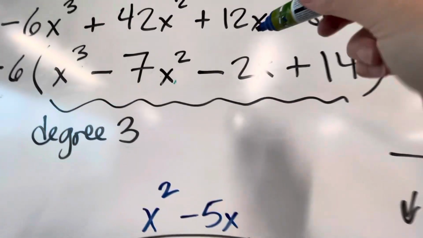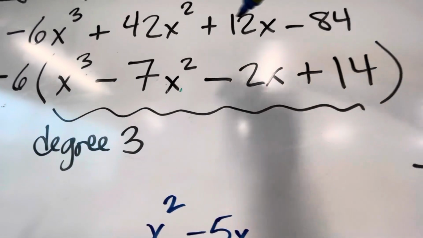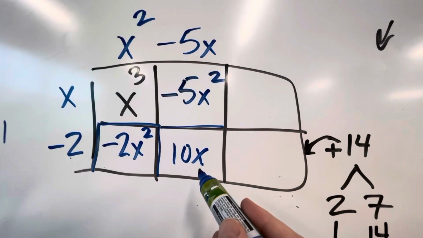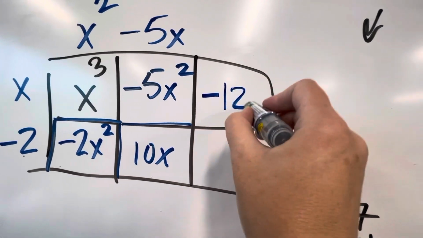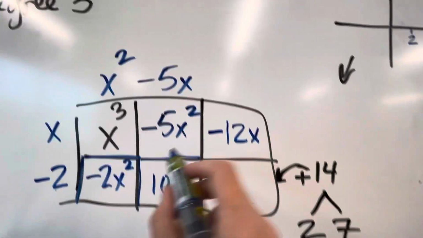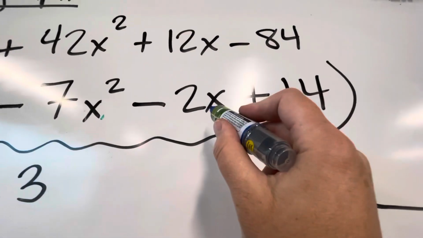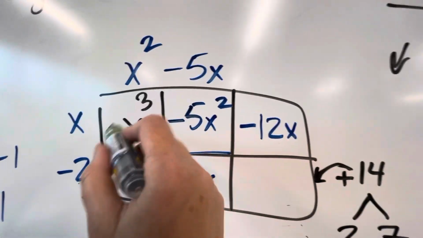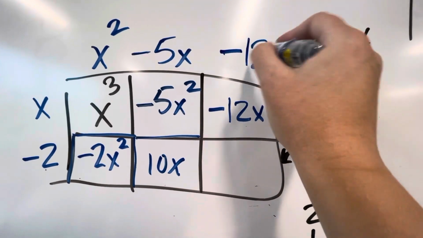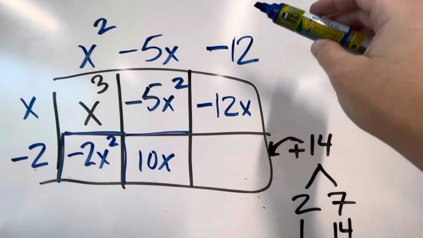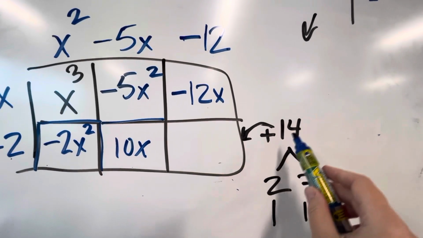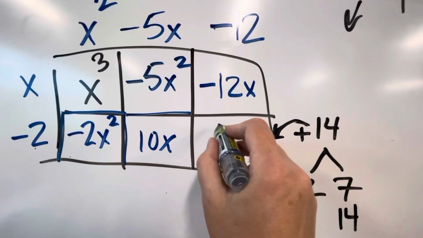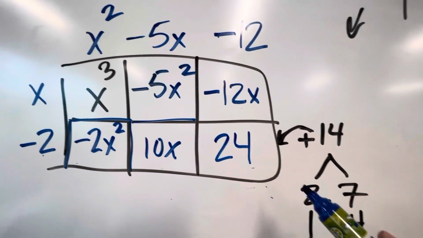Now what I want up here is negative 2x, but I have 10x. I'm going to have to subtract 12 x's to get from positive 10 to negative 2 x's. Now, if I have 12x, the height of this is x, so negative 12 is the number I get here. Now, as I'm looking ahead, I can't possibly get 14 from negative 12 and negative 2, but what I get is a positive 24.